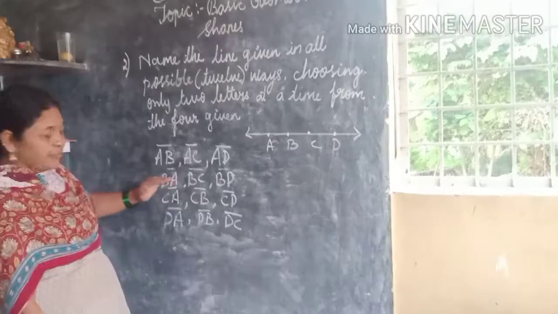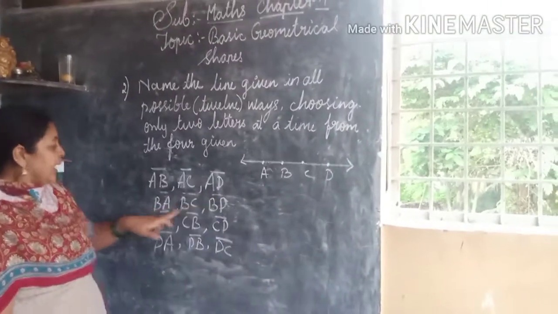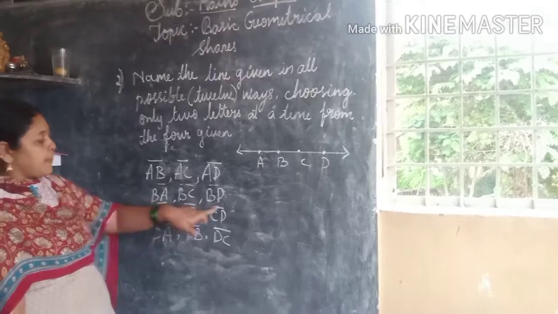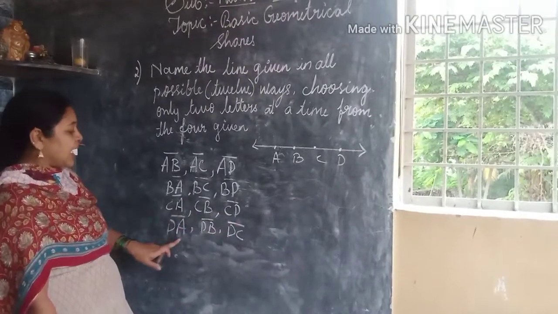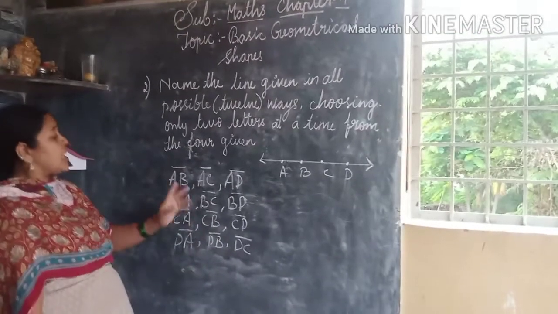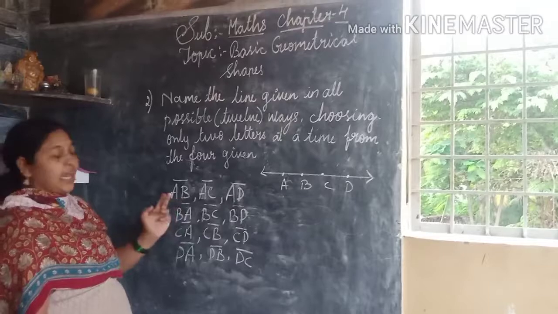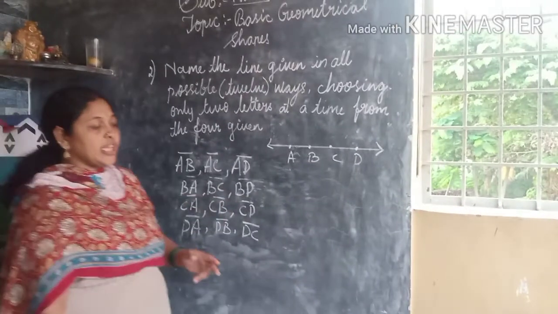So we got 12 different ways: AB, AC, AD, BA, BC, BD, CA, CB, CD and DA, DB and DC. So we have got 12 ways where 2 letters can be selected at a time. Is it clear? Yes. Shall we move on to the next sum?